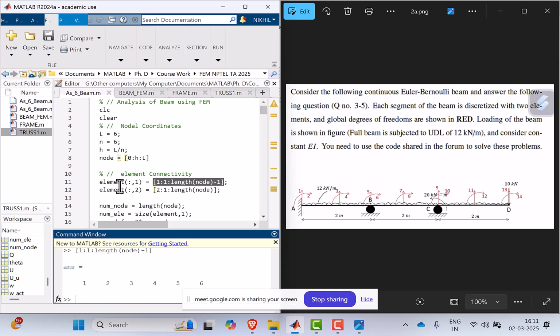Now we are making an element matrix in which the first column gives the value of the first node, which will be 1, 2, 3, 4, and the second column will give the node connected to it. Since it is 1, it will be connected to 2, so 2 will come in the next node. Let's see what it gives.